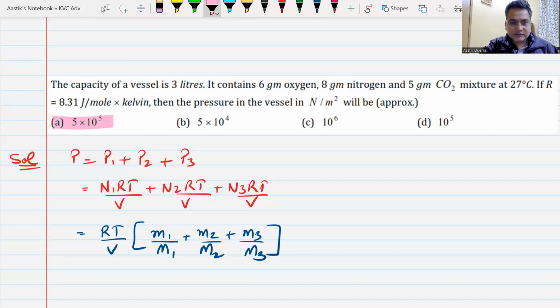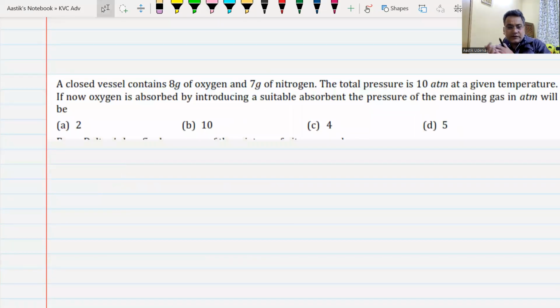This is the same question, but given in a roundabout way. What will be the answer for this one? A closed vessel contains 8 grams of oxygen and 7 grams of nitrogen. The total pressure is 10 atmosphere at a given temperature.